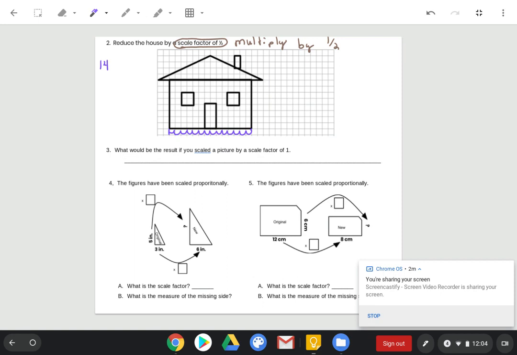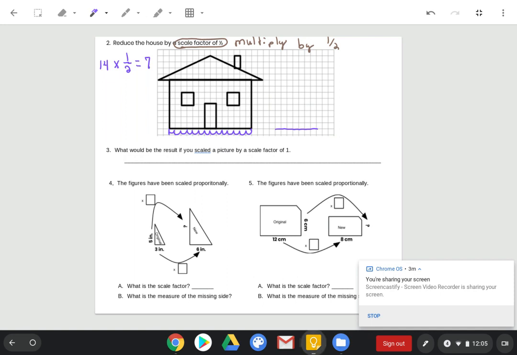But remember, I asked you to apply a scale factor of 1/2. So all I need you to do is multiply by 1/2. And half of 14 is 7. So the corresponding side of the new figure will be 7 units long. And I'm going to draw that in right now. So I have 1, 2, 3, 4, 5, 6, 7.